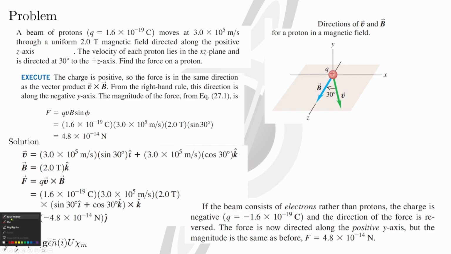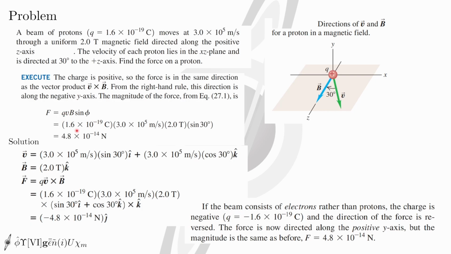If we want to know the entire vector, we're going to use the vector form of the velocity and the magnetic field. So for the magnitude, we can just use qvB sine phi, where phi is the angle between the magnetic field and the velocity.